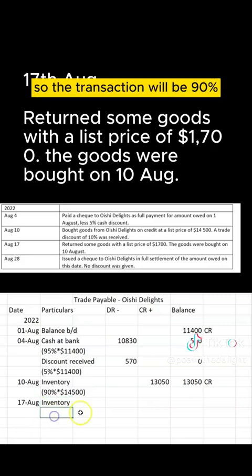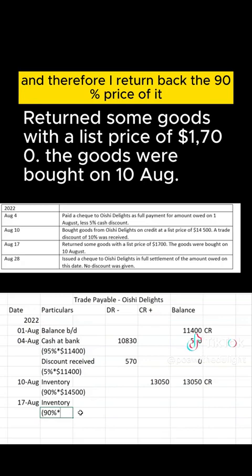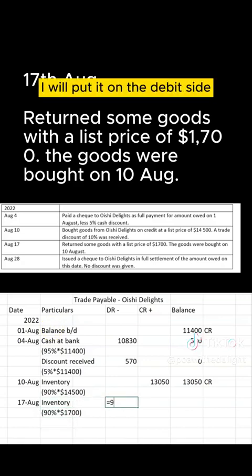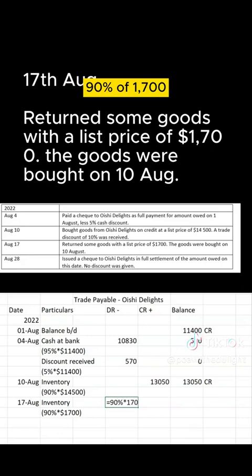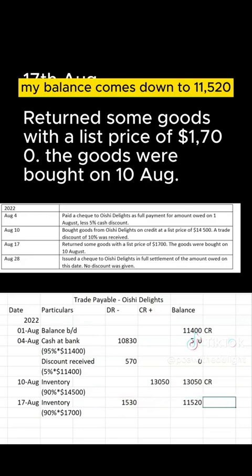So the transaction would be 90%, because I bought this previously with a 10% trade discount, and therefore I return back the 90% price of the $1,700. With this calculation, I will put it on the debit side, 90% of 1,700, which is 1,530. So you can see that in this sense, my balance comes down to 11,520.